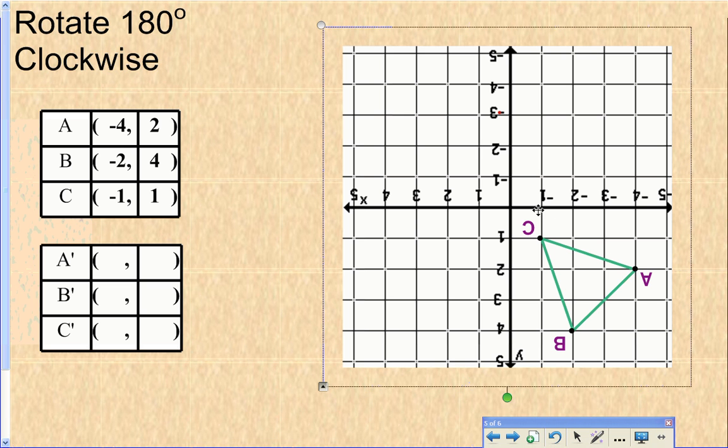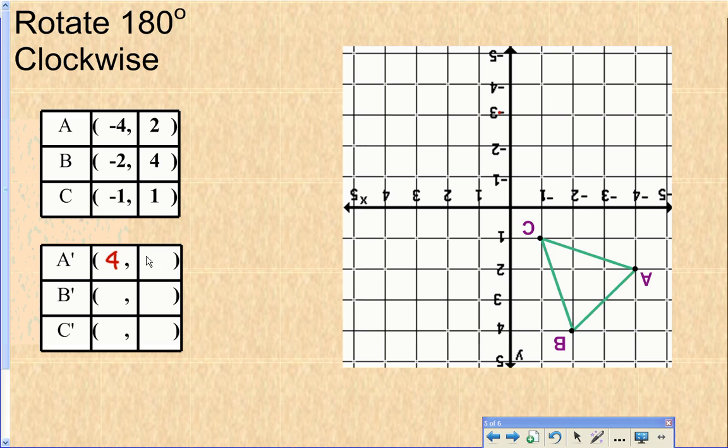These numbers are not correct now. These should be positives. A is at 1, 2, 3, 4, -2. So A is at 4, -2. B, or B prime, is going to be at 2, -4. And C is going to be at 1, -1.